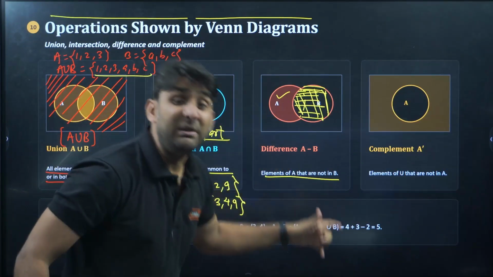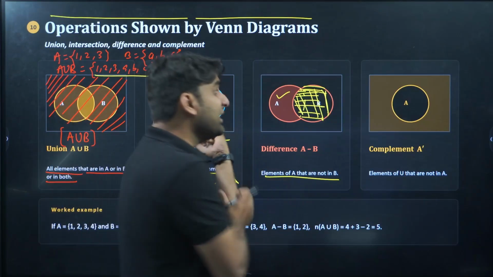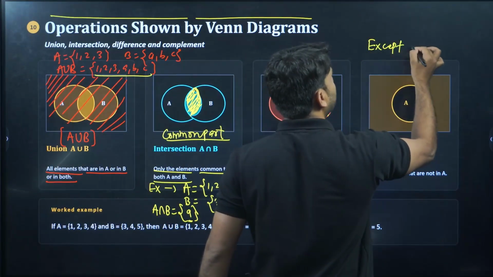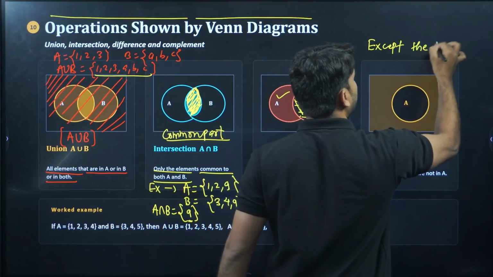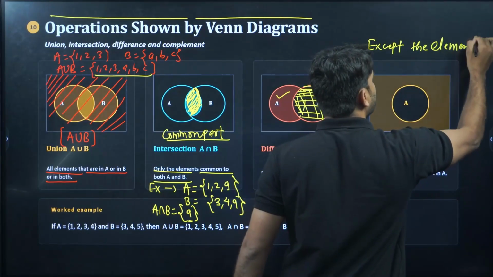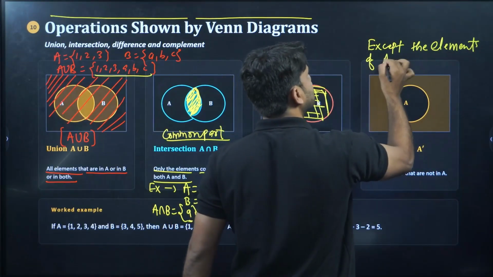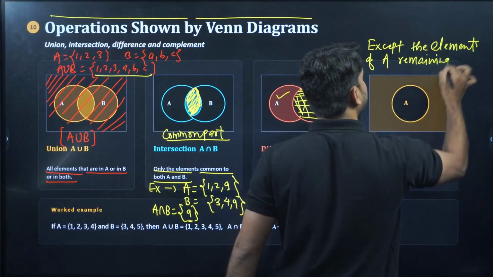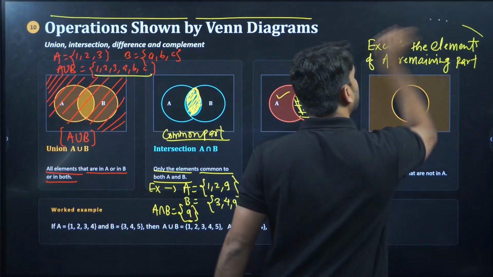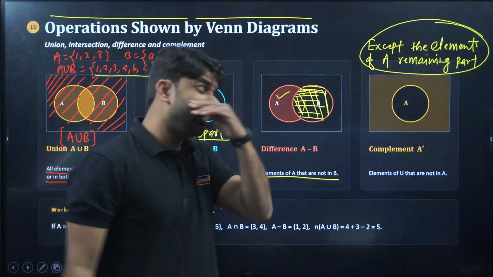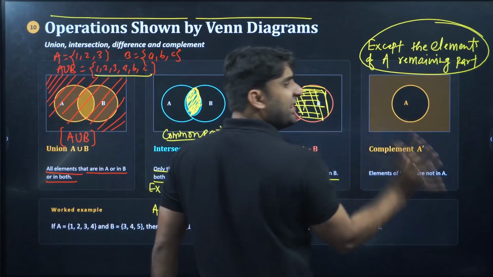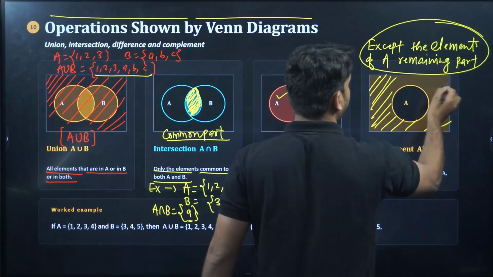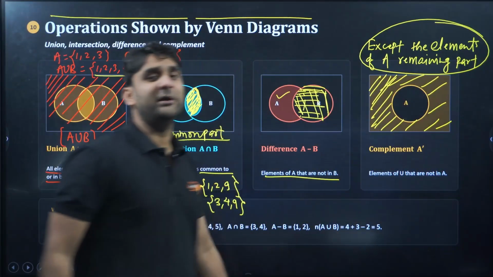Now complement of A. What is meant by complement of A? Except the elements of A, the remaining part will be considered. This is called complement. So complement of A means just leave out A and consider the rest. Clear?